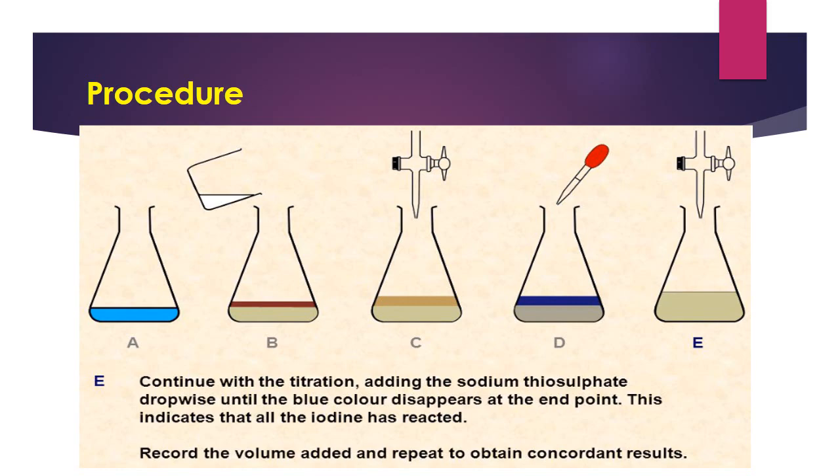Why does this off-white precipitate appear? Because all the iodine has reacted with sodium thiosulfate. Then we stop the titration and record the volume to obtain the amount of copper sulfate that titrated against sodium thiosulfate.